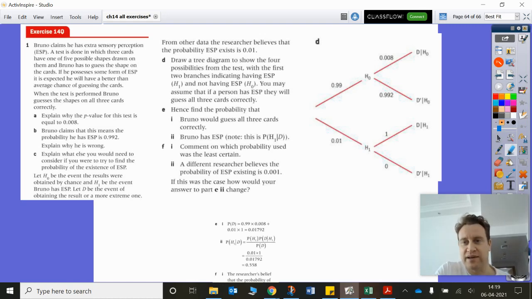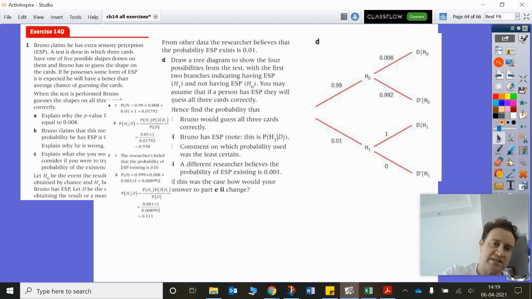D is true is that we have the result. So D is the result. H1 is that we conclude that he has ESP. It's confusing, this one. Okay, so anyway, they tell us what to do. It's H1 given D. And H1 given D is not this, of course. It's switching our conditional probabilities around.